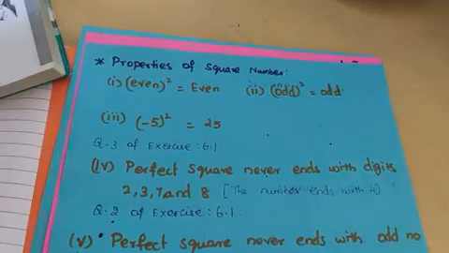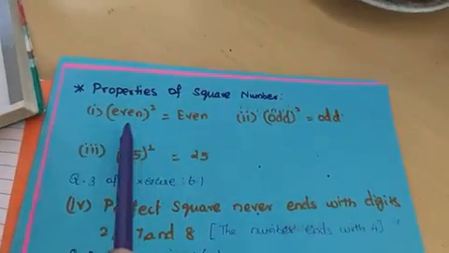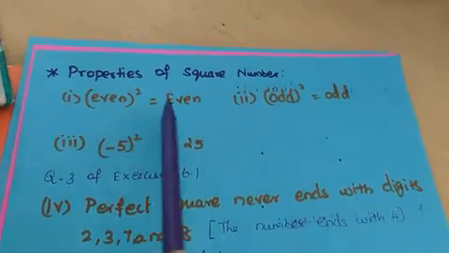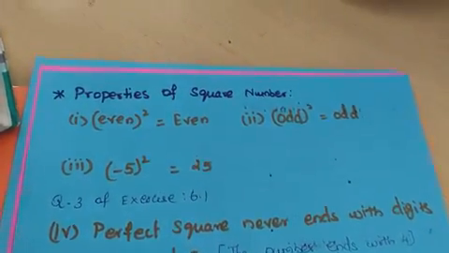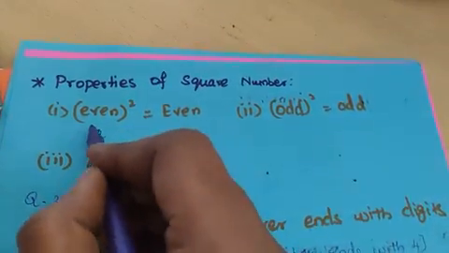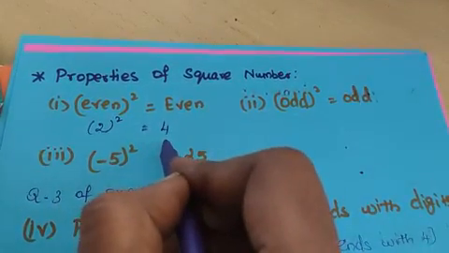Suppose you have an even number and you are squaring it, you will get an even number only. How? For example, 2 is an even number, right? 2 squared, what will you get? 4. 4 is an even number.